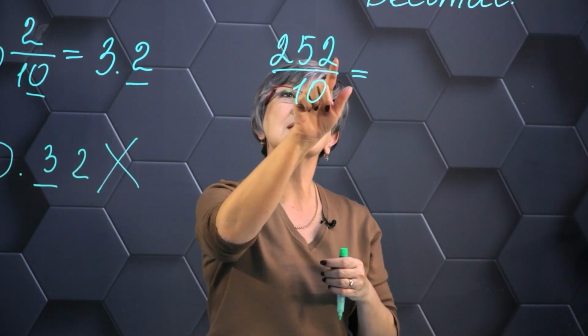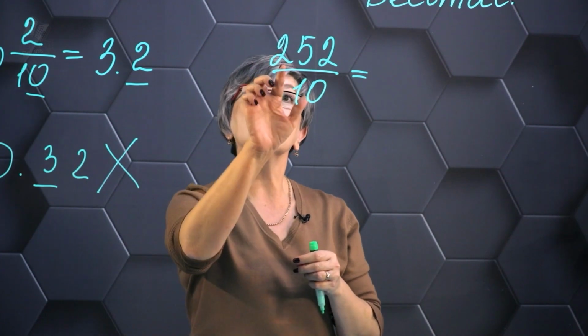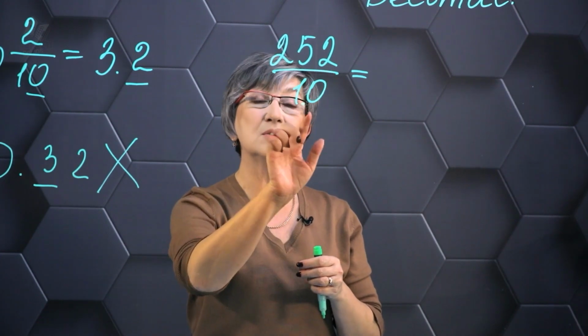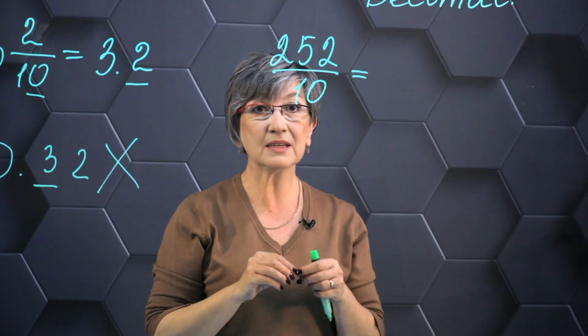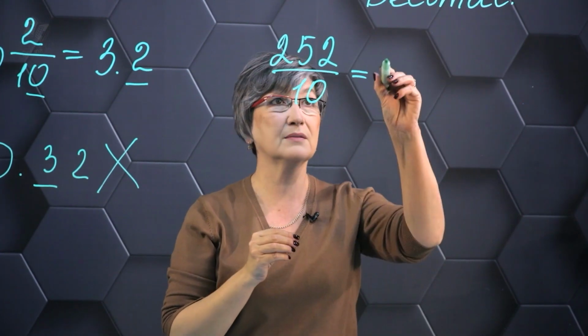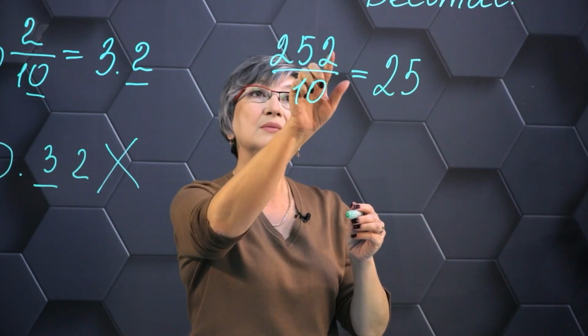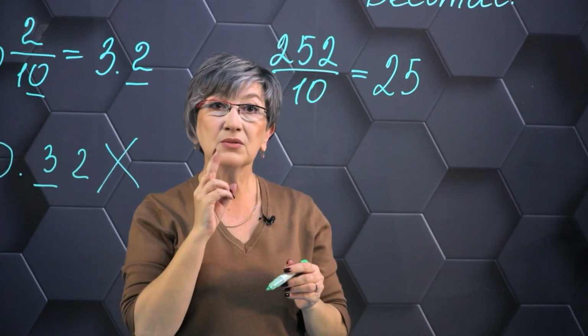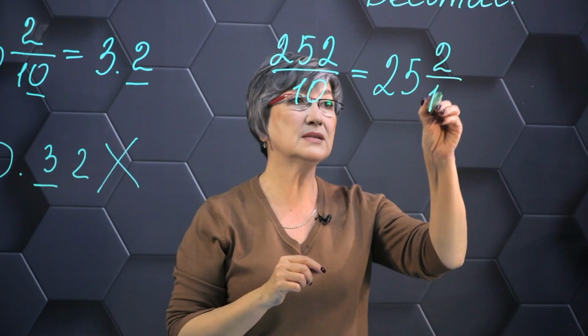So, 252 tenths, we convert it to a mixed fraction. To do this, we divide 252 by 10. 252 divided by 10 is 25 whole. The remainder is 2. So I write 2 in the numerator and leave the denominator the same.